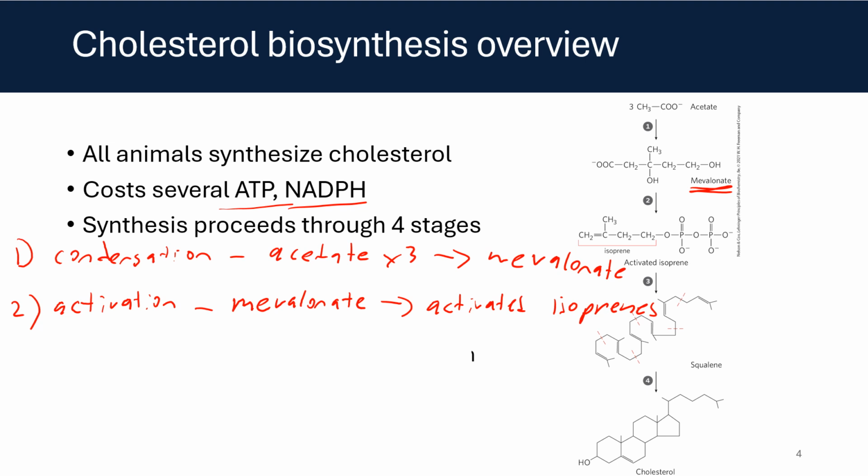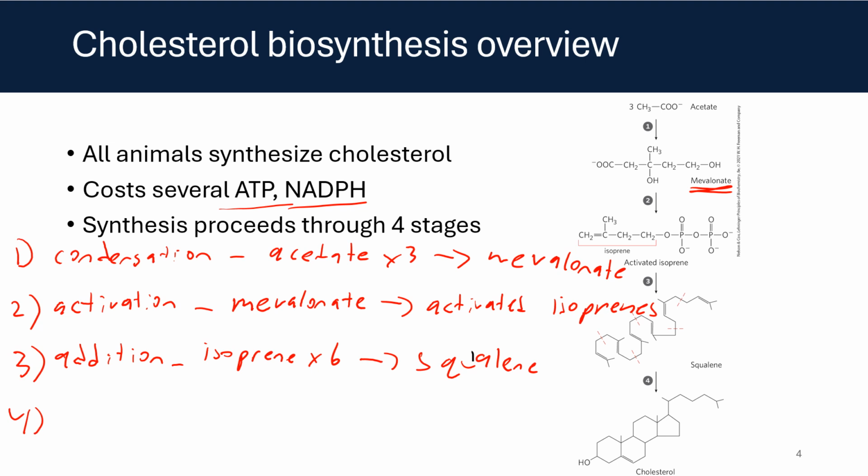Step 3 of cholesterol biosynthesis is going to be called addition. Here we will take 6 isoprenes and connect them together into a special precursor compound called squalene. And lastly, this is like the crazy step, cyclization.